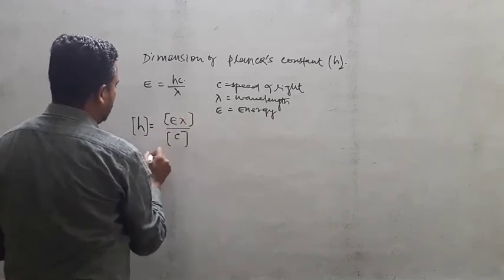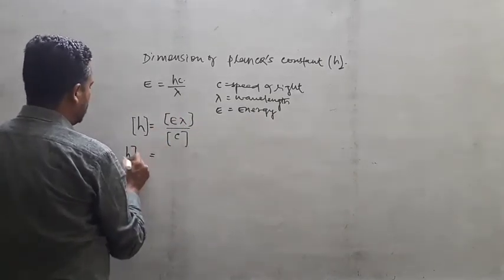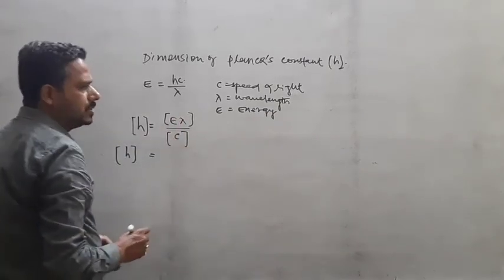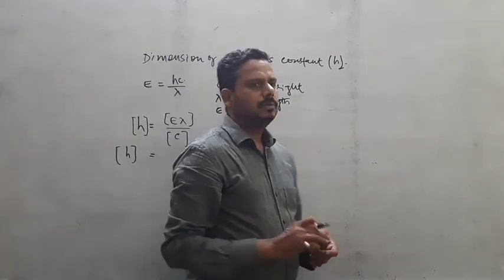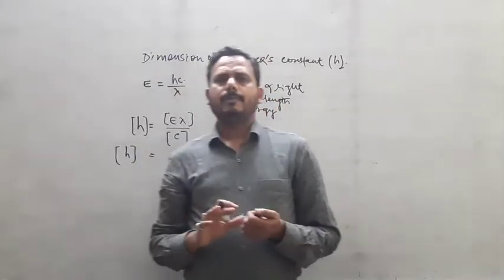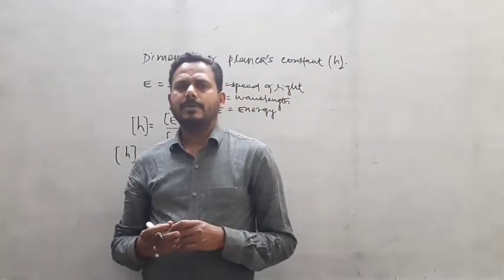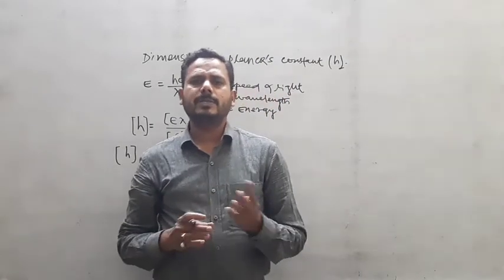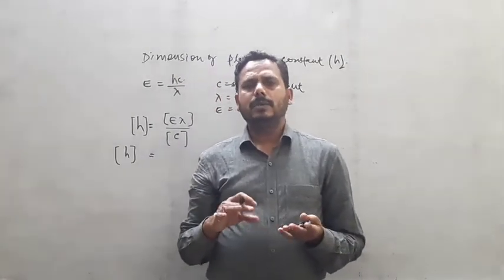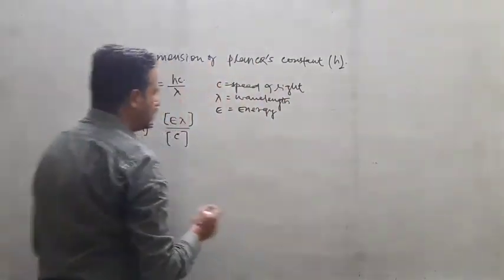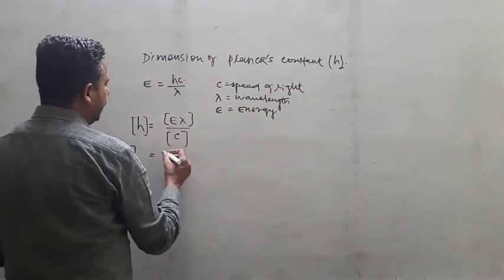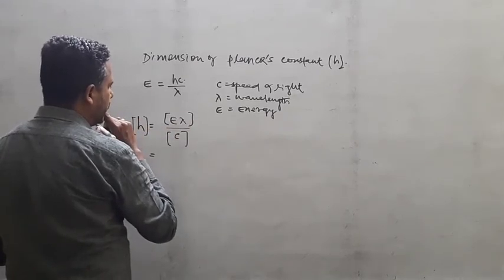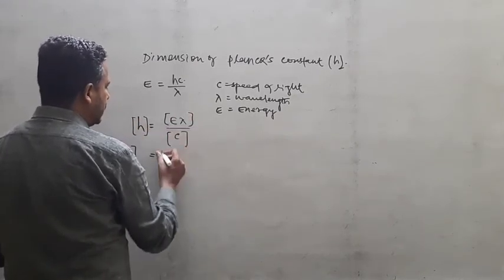So write down the dimensions. Therefore you are seeing here, this one is energy. The dimension of energy is basically the product of force and displacement. So you know the dimension of the product of force and displacement is ml2 t minus 2. So here you can write it down directly. Otherwise you can write it down by splitting it, but the correct way is that you just write it down directly.